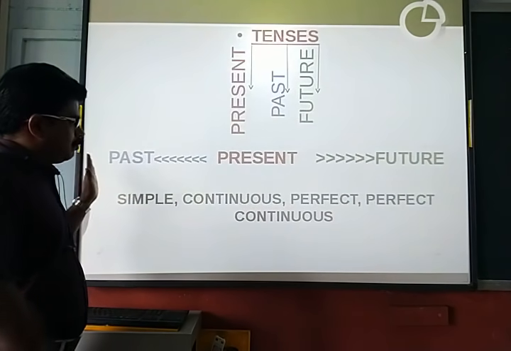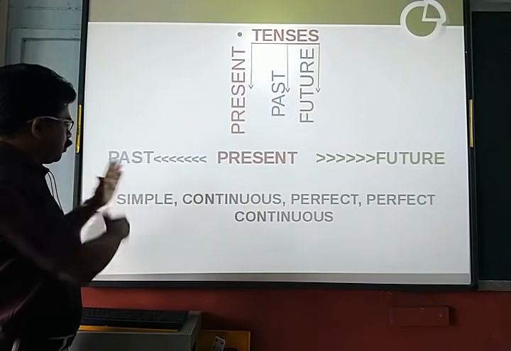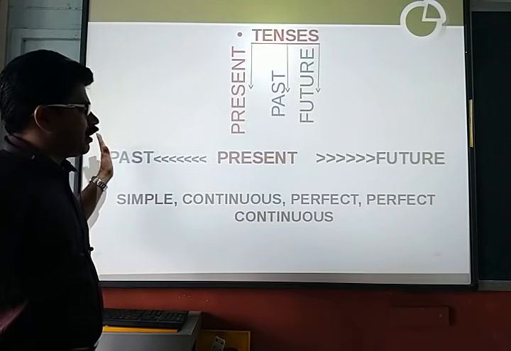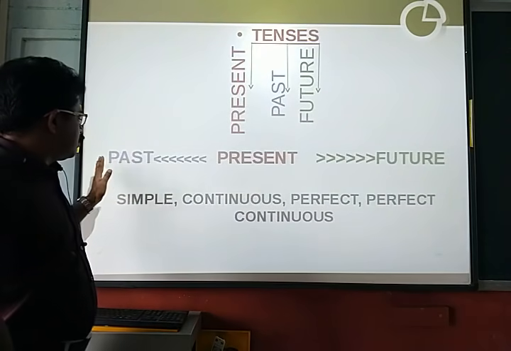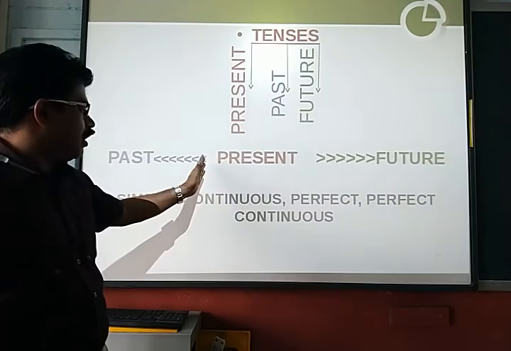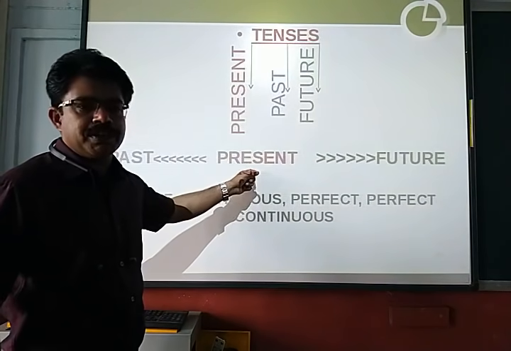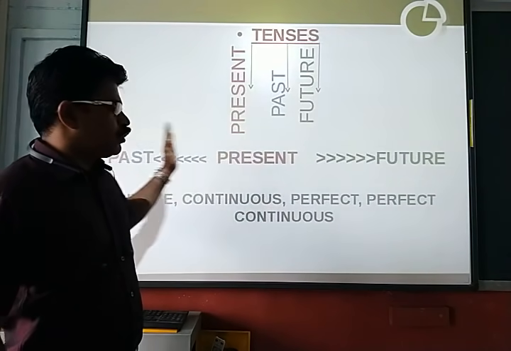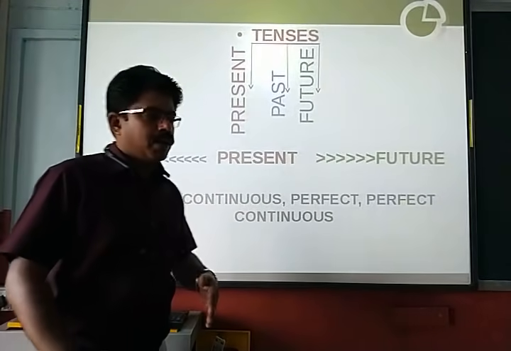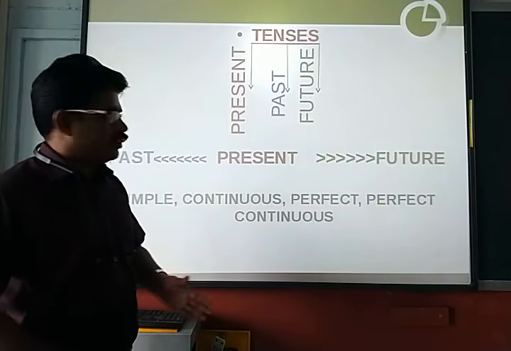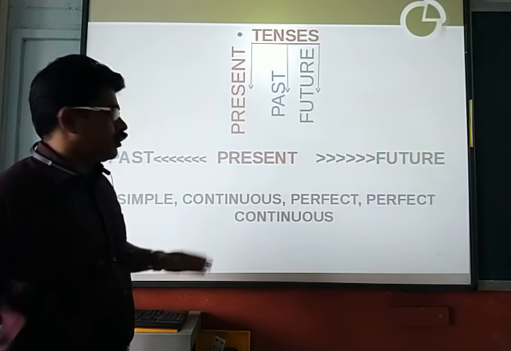Past, as we see, is gone, towards this side. Past has already completed. If you take it as a journey, we have reached up to here. We are in this position, the present position. So past is what is over, what has taken place so far, in which we have no control at all.